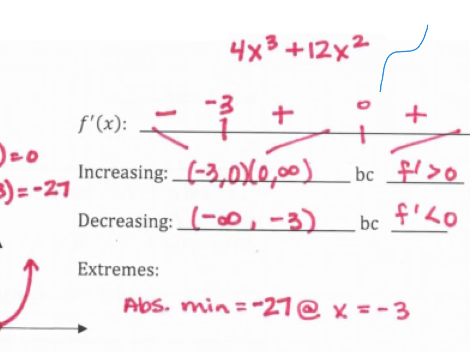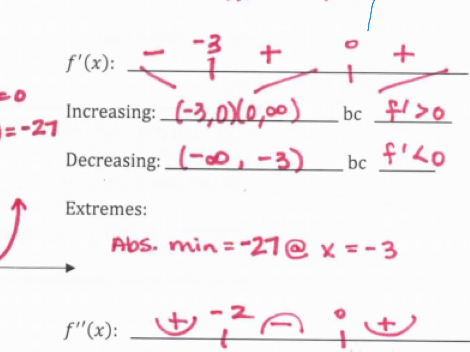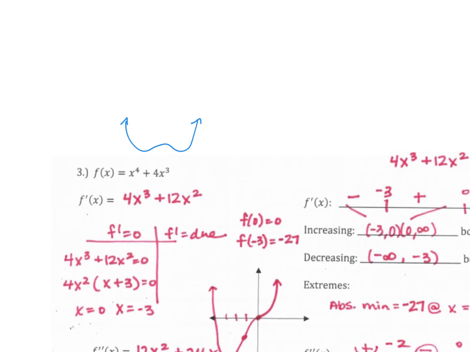All right. So we make our claim. We know it's increasing and decreasing on the given intervals because our derivative is positive or it is negative. And then to find the extreme values, we would plug in our minimum, so negative 3, into the original function. So the original function being x to the fourth plus 4x cubed.